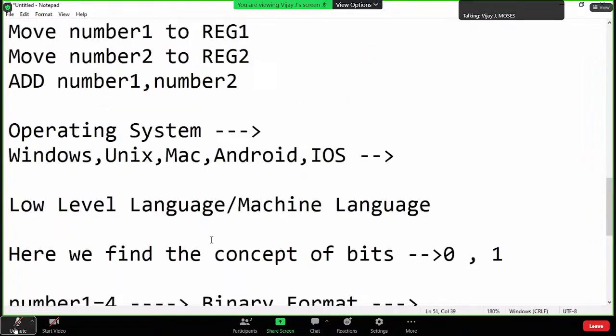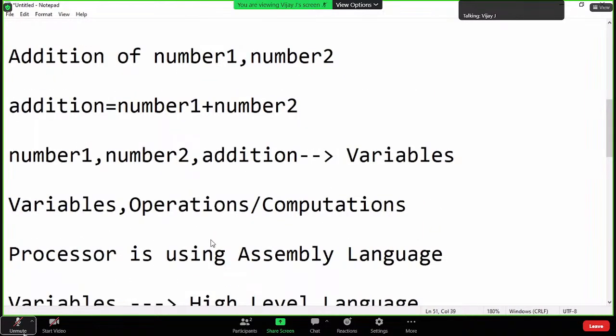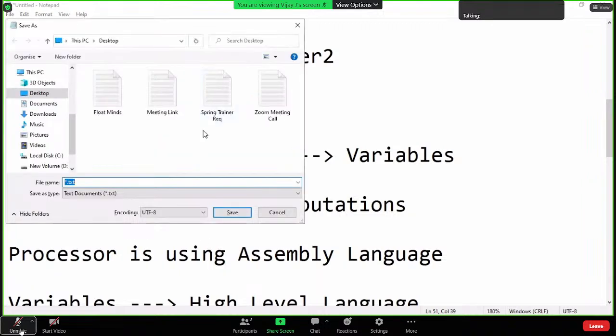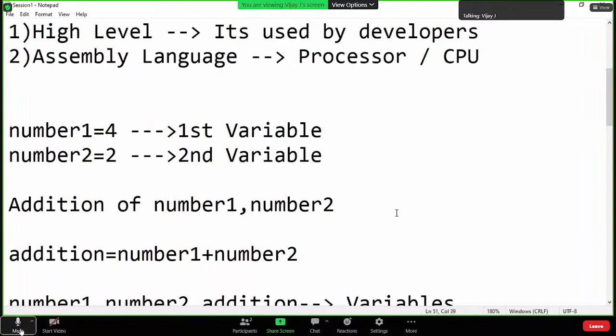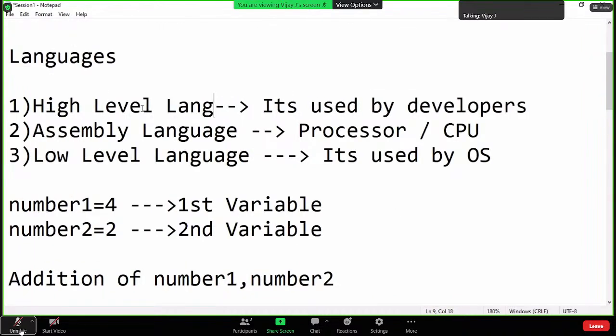So for the beginner, this is about the types of languages that are used by your computer. Clear? So we find high level language. This is the first language, like HTML.